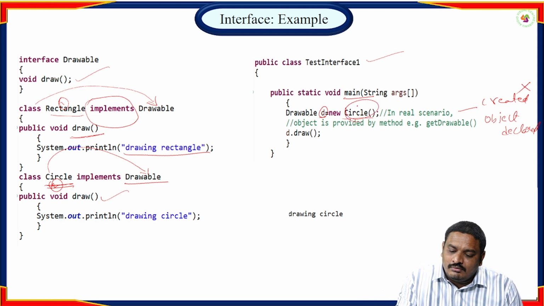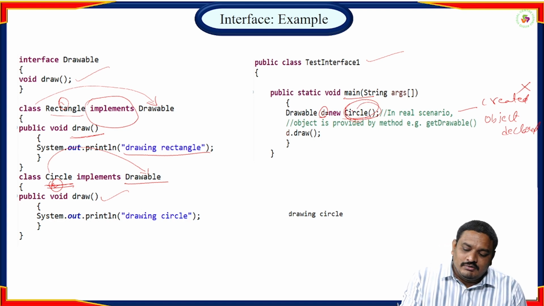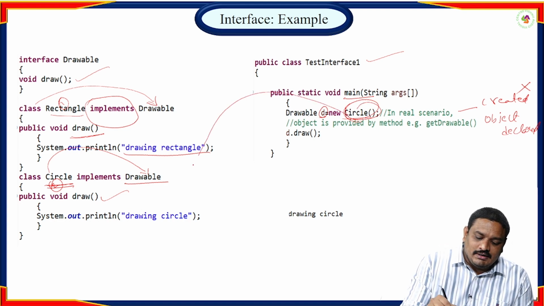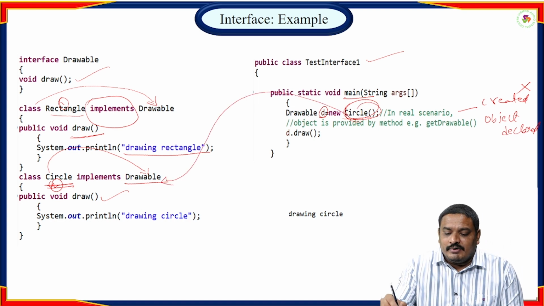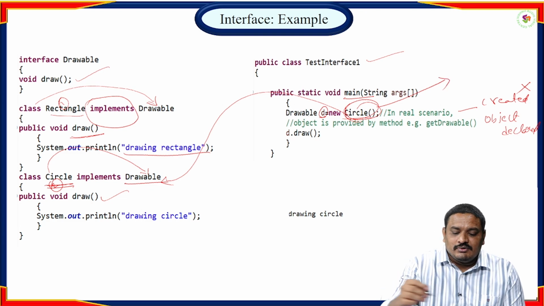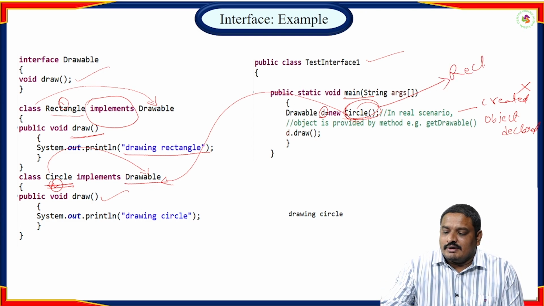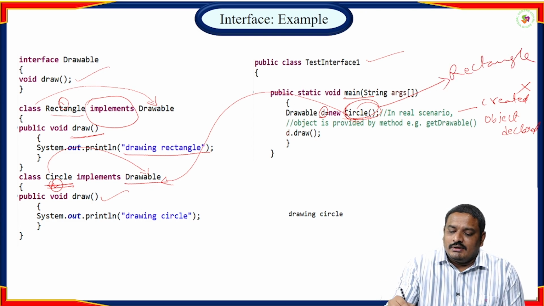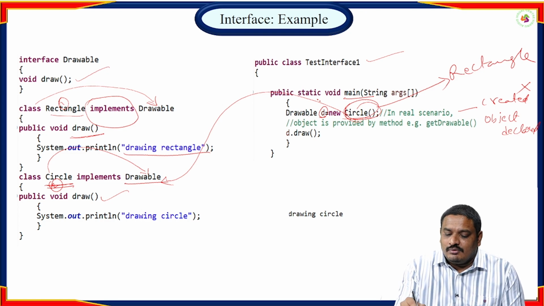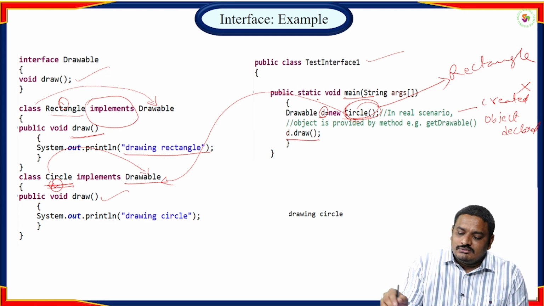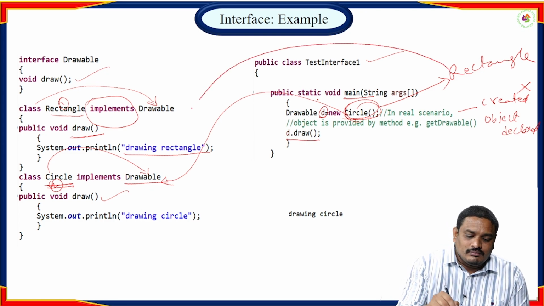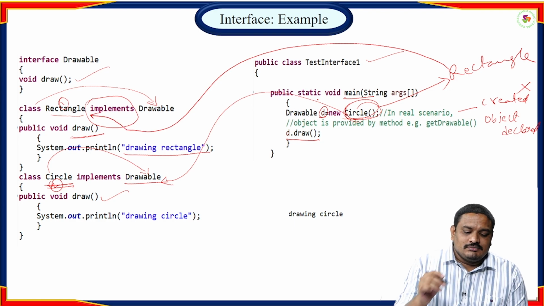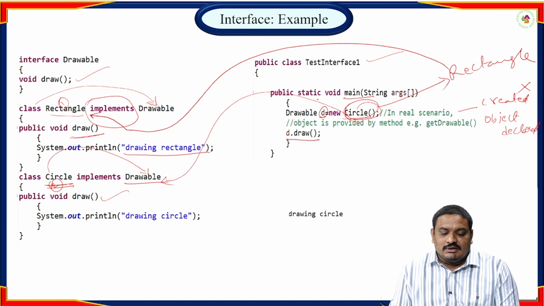Whenever we use the Circle class, it goes to the Circle class. Suppose we are not using Circle but the Rectangle class and create an object at that time, it goes to this class.